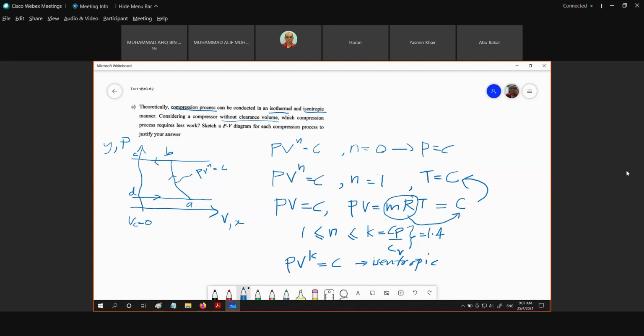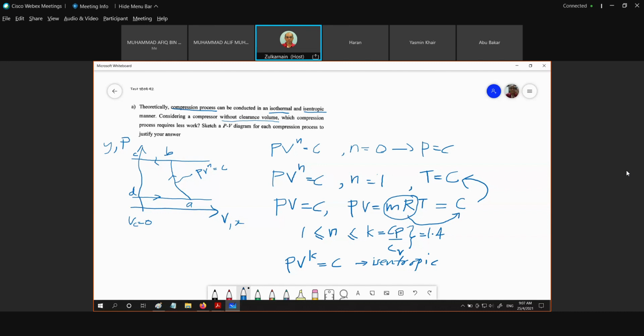The right side, the shorter one. Okay. You want me to sketch B to the right or B to the left of the existing B? For sure, the beginning of compression is at A. Okay, now I want to sketch the n equal to 1. Right.